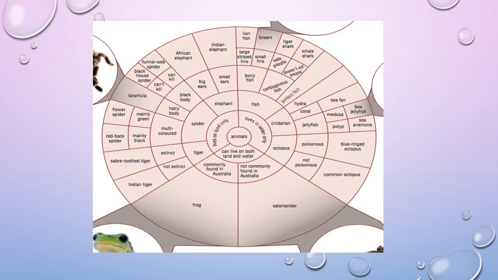Then see the second option, lives on land only. If the animal lives on land only, then it can be an elephant, a spider, or a tiger. Now look in front of the elephant. We have two choices, or one couplet, that is big ears or small ears. If the ears are big, then it will be an African elephant, and if the ears are small, then it is an Indian elephant.